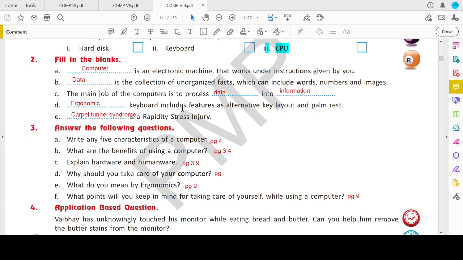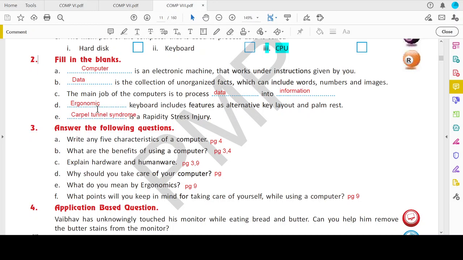Dash keyboard includes features such as alternative key layout and palm rest. Ergonomic keyboard includes features such as alternative key layout and palm rest. So you have learned that there are certain ergonomic standards, the scientific standards that should be followed for the human ware.